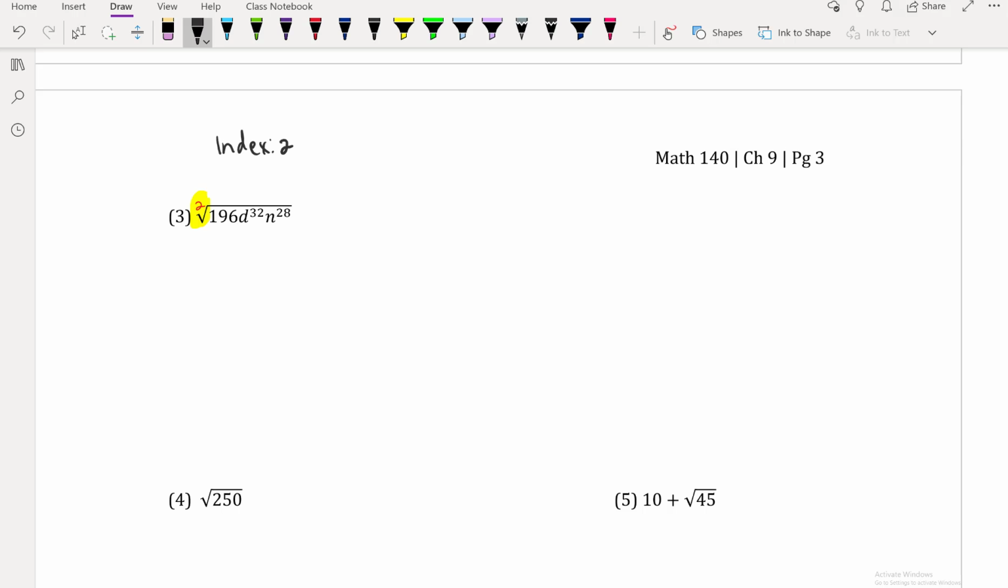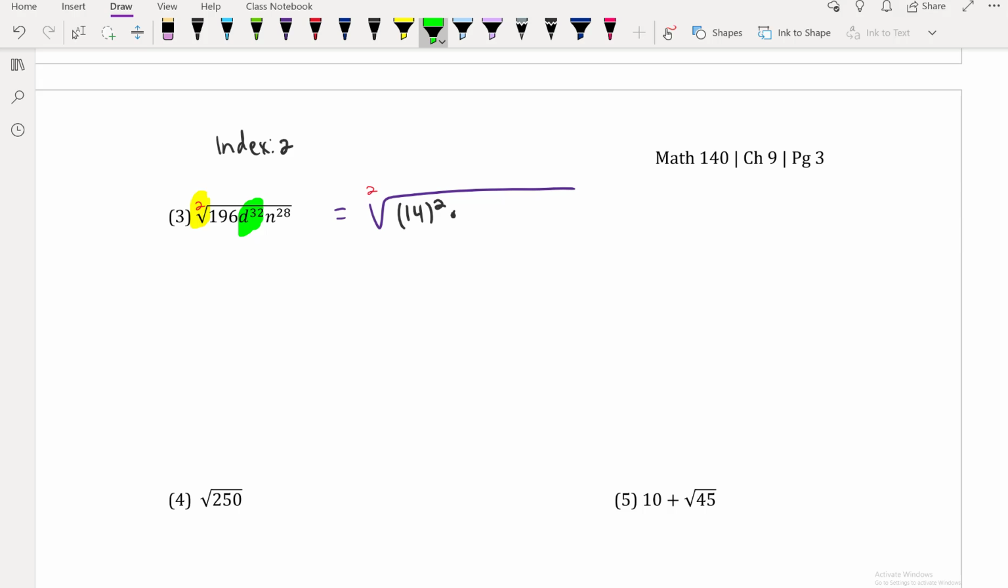So I want to make sure that all of the powers inside the radicand can be divisible by 2. So I'm going to have this, and I still have my index of 2. Well, I know that 196 is really just a 14 being squared. And you can look at that chart if you're confused at all.